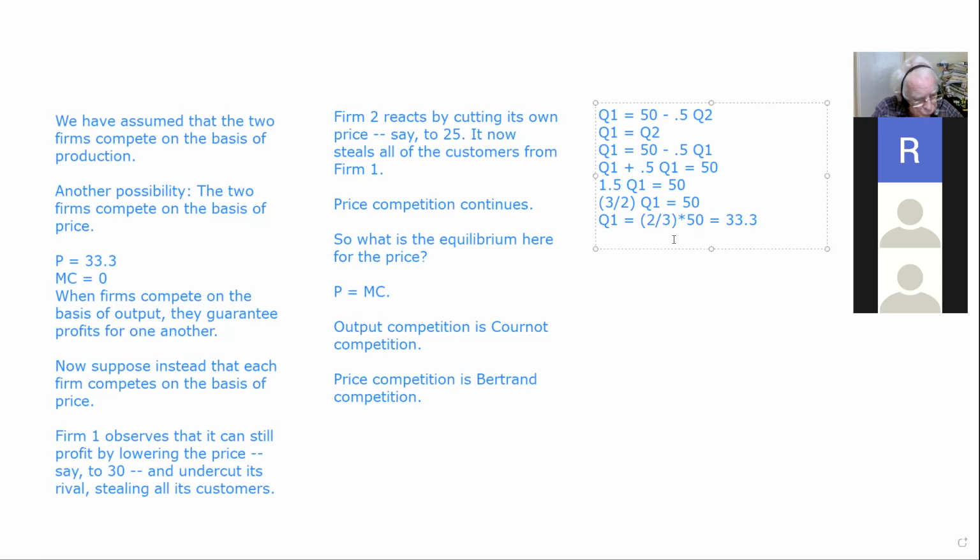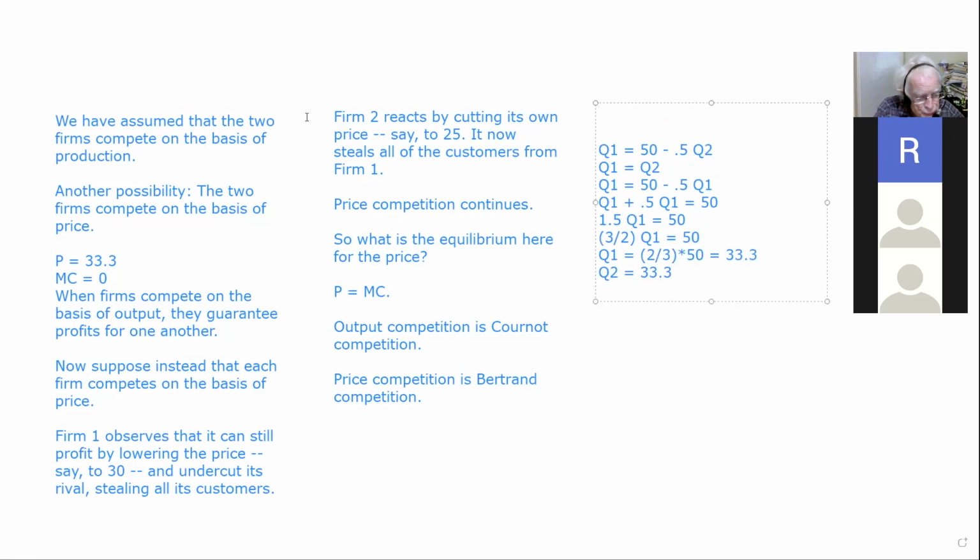And the same logic holds true as well. So that is the math behind the Cournot equilibrium.